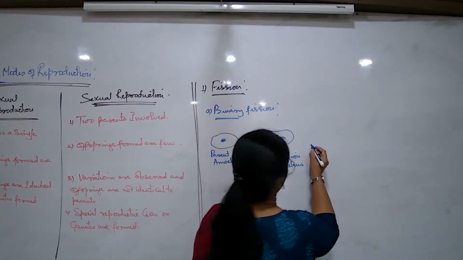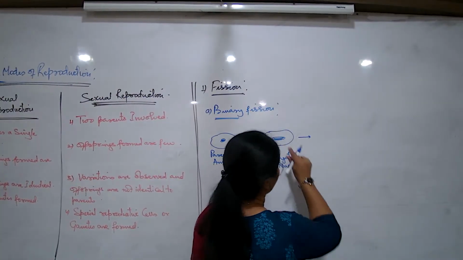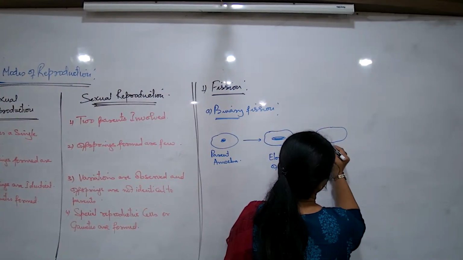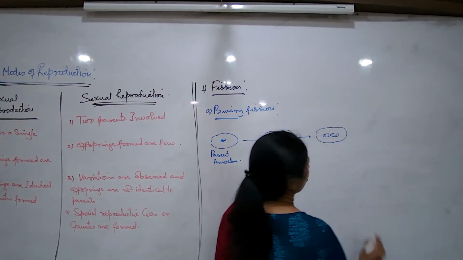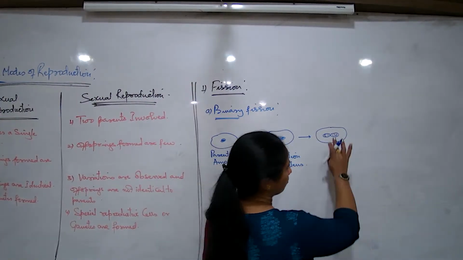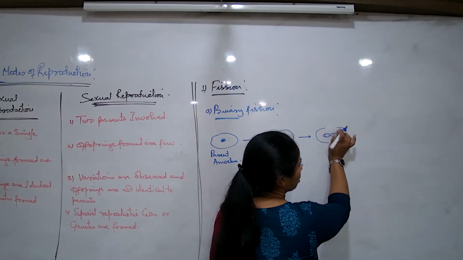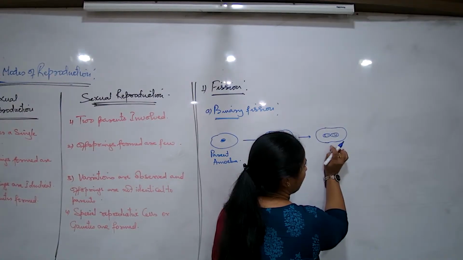Third, after elongation of the nucleus, the next stage would be the constriction of the nucleus. So now, the cytoplasm will almost remain the same, but the nuclear region will start showing a constriction, something this way. But by the time the nuclear constriction has happened, the cytoplasm will not remain exactly even like before.